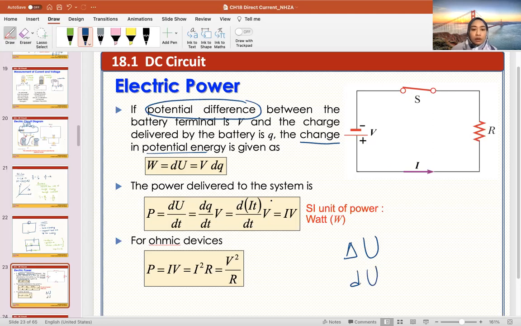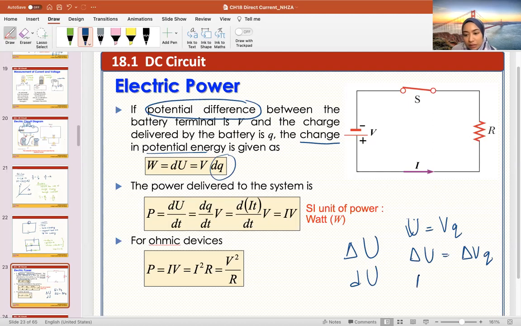So dU is equal to V dq, because we've seen the equation where U is equal to VQ. Was it VQ or delta VQ? Oh yes, it was delta VQ. So if it's delta U, then it's delta VQ. Here, we are talking about the change in your charge.